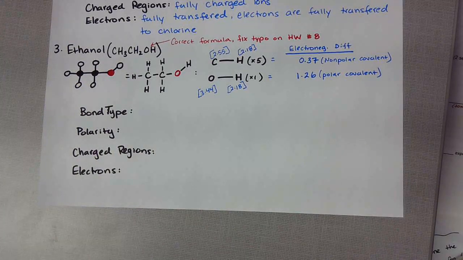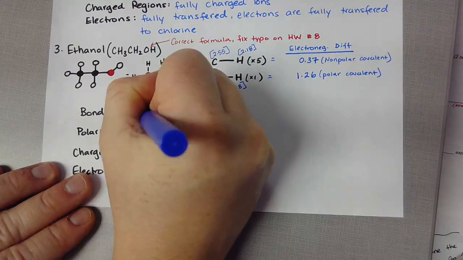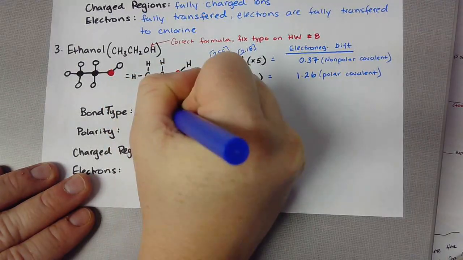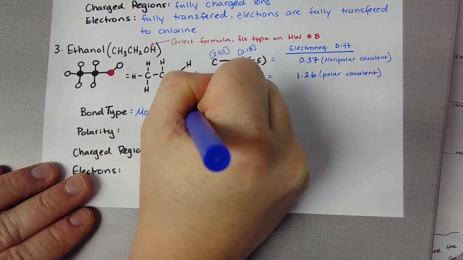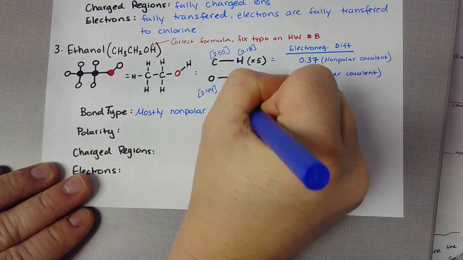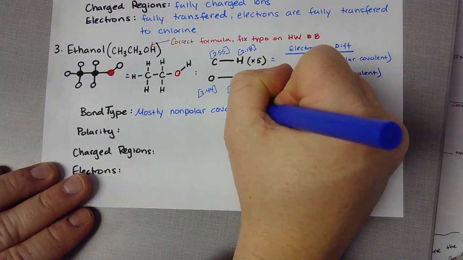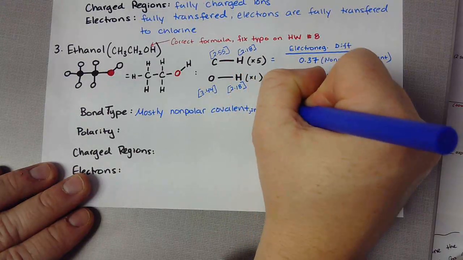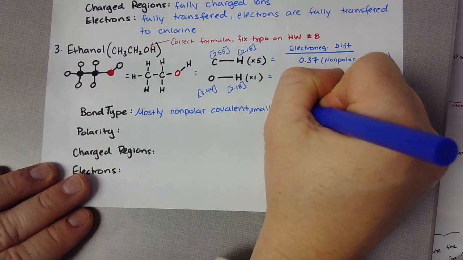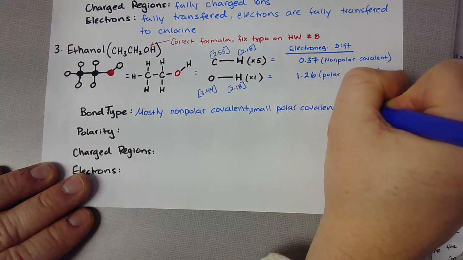So when I characterize the bond type, I'm going to say I'm mostly this. But I do have a small, with the letter S, polar covalent region.